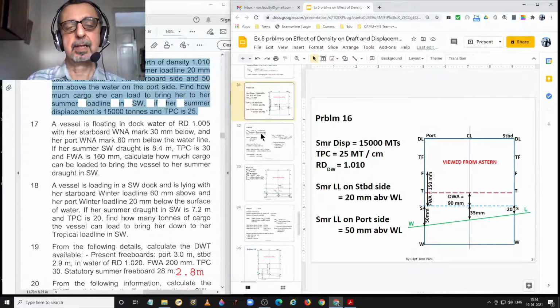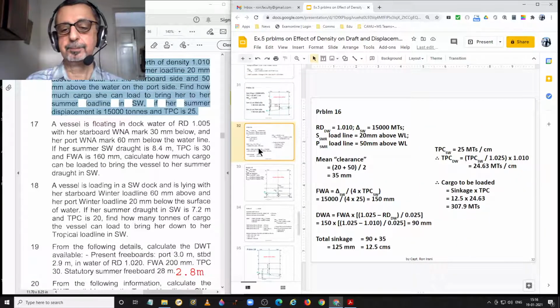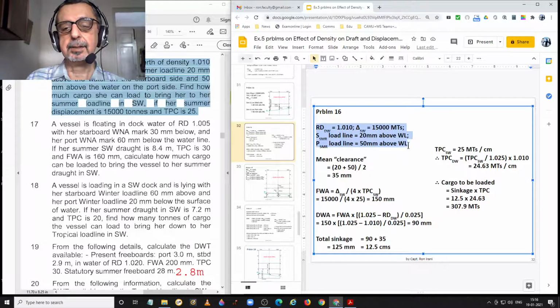So let us start with the solution of the problem now. Given to us in the problem is this data. So the mean clearance is, add the two, divide by two, equal to 35 millimeters. Why do we have to add the two?